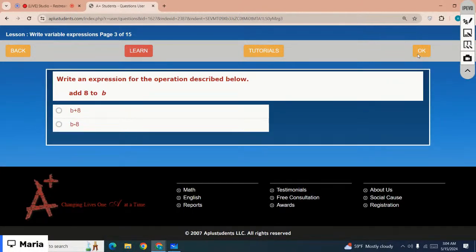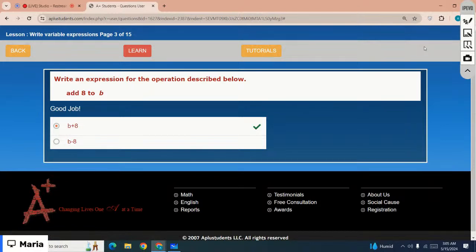Write an expression for the operation described below. Add A to B. So which is the correct option? That is B plus 8. Option number 1 is the correct option. Very good.